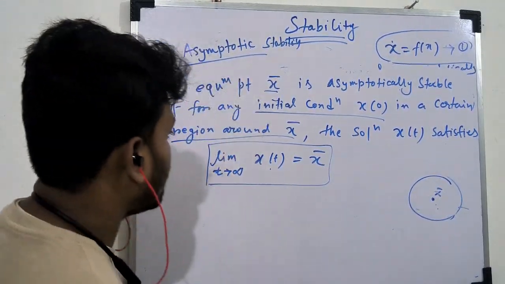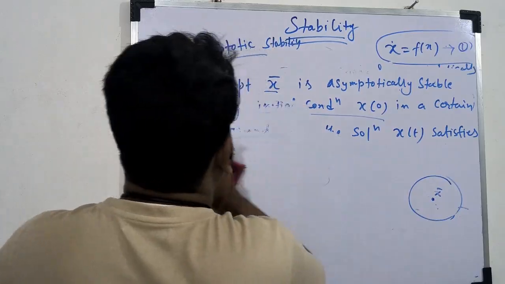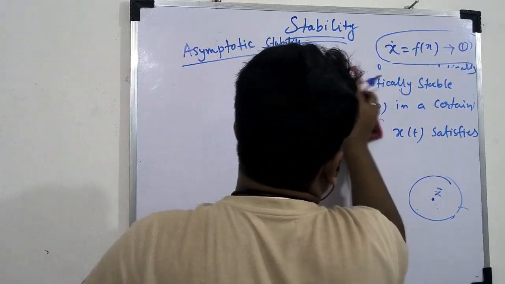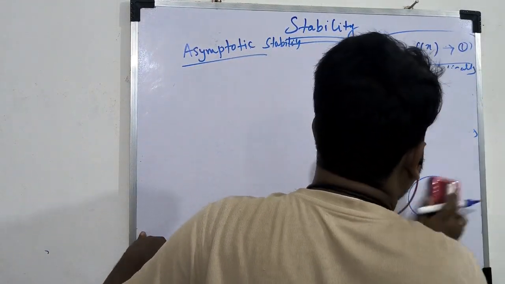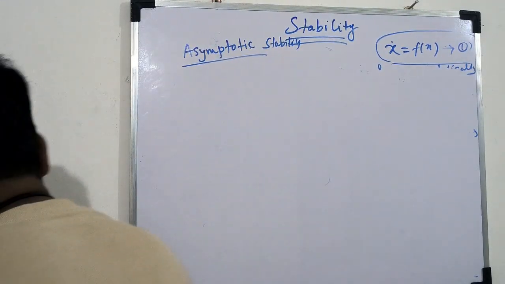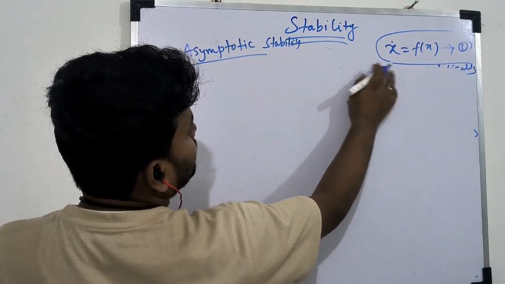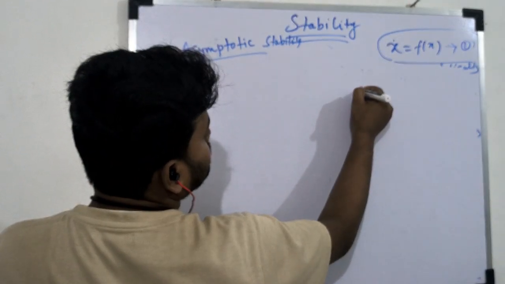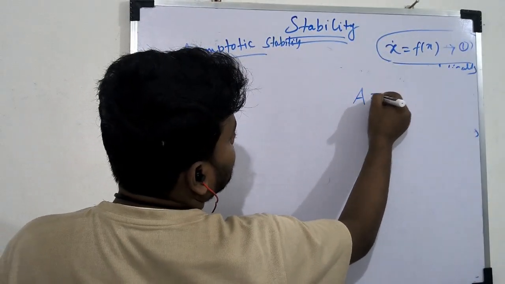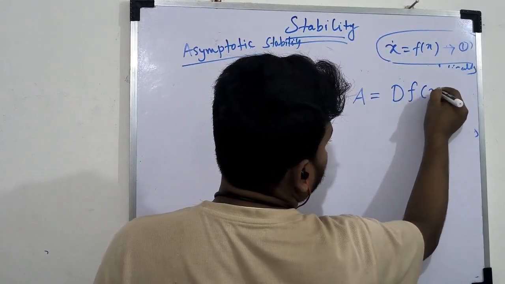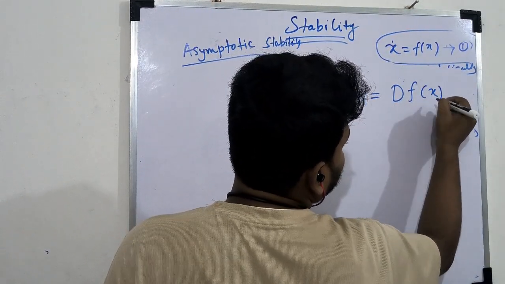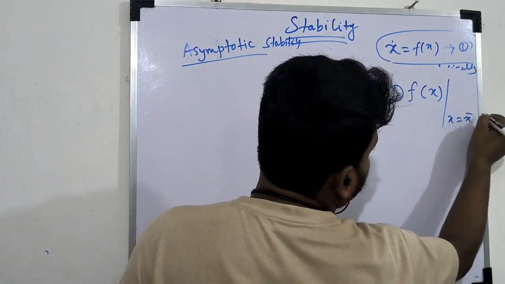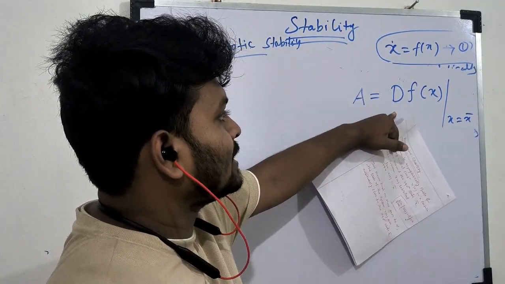How do we say that an equilibrium point of a dynamical system is asymptotically stable? First, you have to find the Jacobian matrix, Df evaluated at the point x equal to x bar.